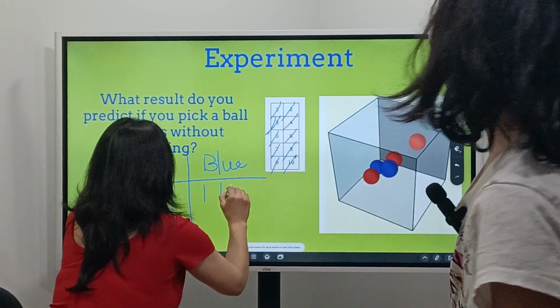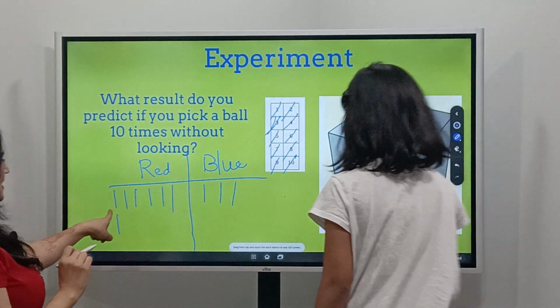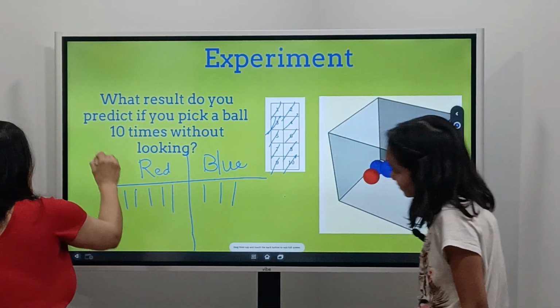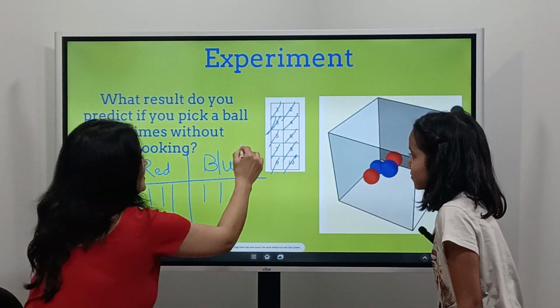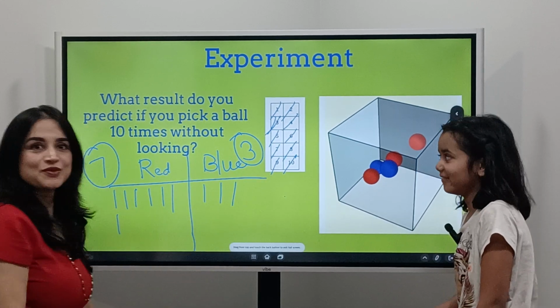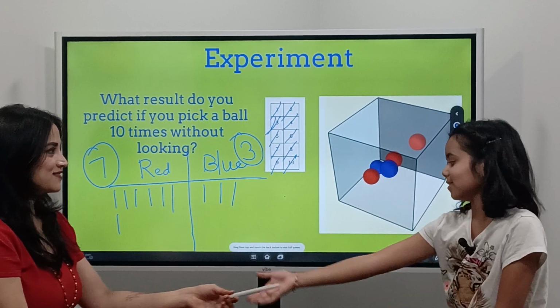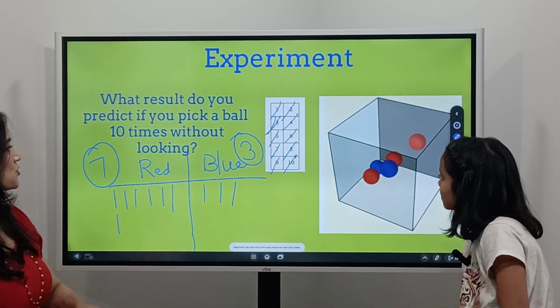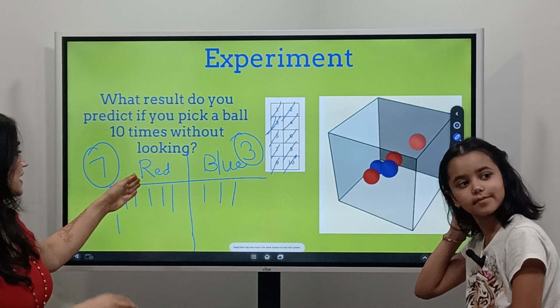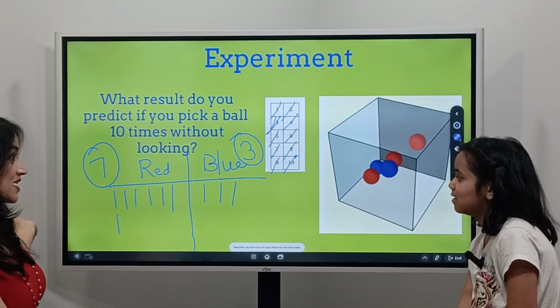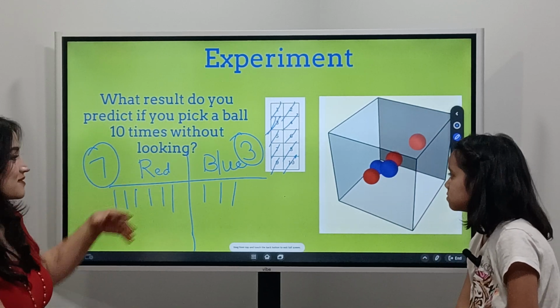Blue. Okay, 10 times done. So we got 7 times red and 3 times blue. What a fun experiment. So the probability of getting red is 7 times if you do it 10 times.